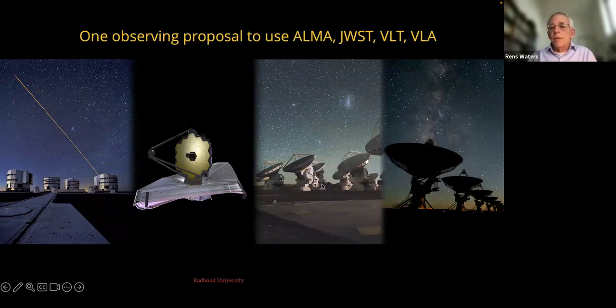So if you have an idea and you think, I need more than one telescope in order to reach my science goal, there's now a very nice opportunity where you only need to write one proposal, and then it's being reviewed by the time allocation committees of these different telescopes. And if you're lucky, and especially with Webb, you have to be very lucky these days, then you get your observing time.